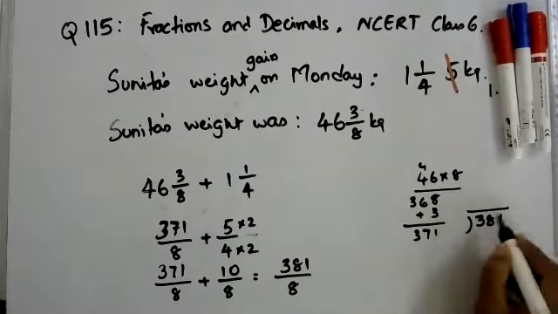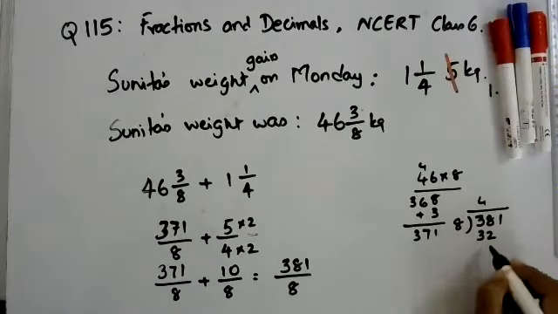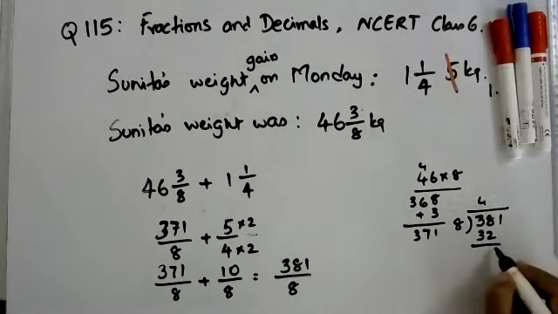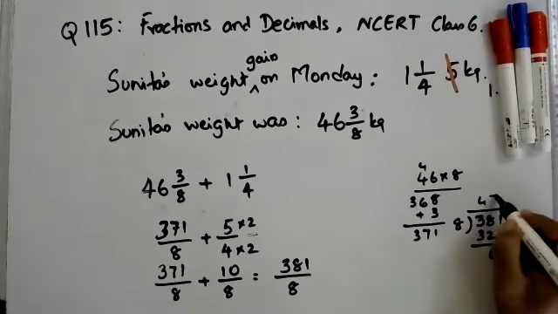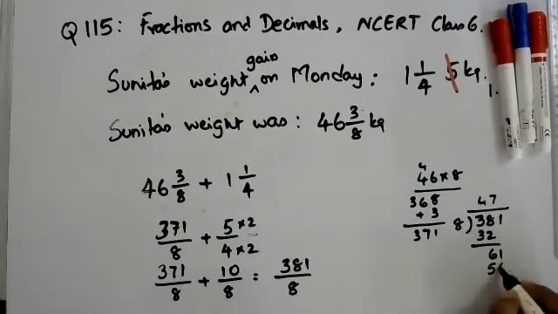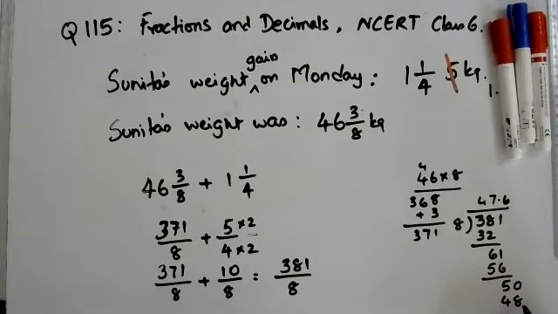So 381 divided by 8, 8 fours are 32, 32 and 6, that will give me 6. Then I put 1 there. 5, 8 sevens are 56, 56 and then 5, you get 5. Then I put a point there. I put a 0 here. 8 fives are 40. 8 sixes are 48.